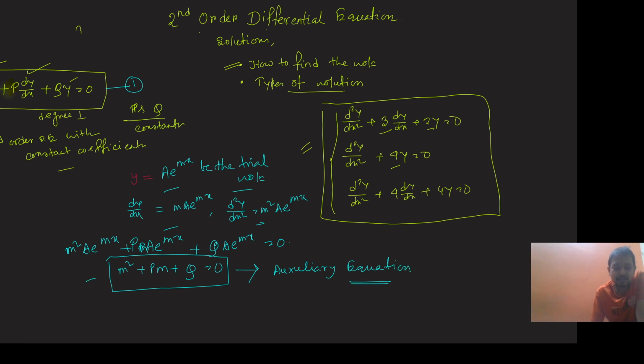Since this is a quadratic equation, with the nature of the roots we can find the solution of this differential equation. So now let us discuss how to find the solution with the help of this auxiliary equation.